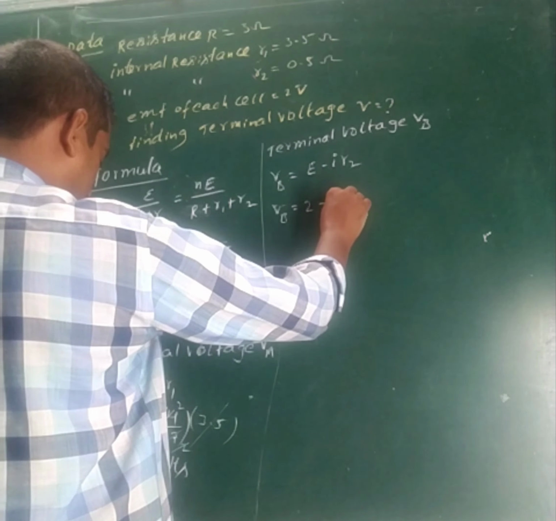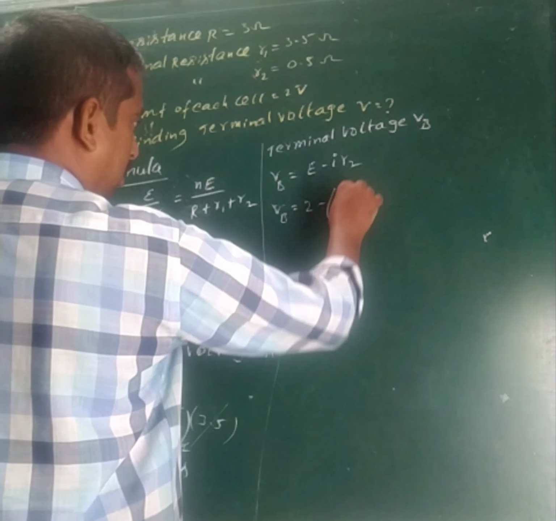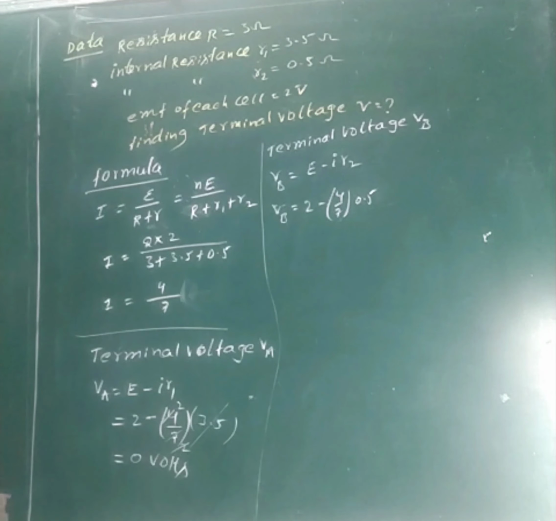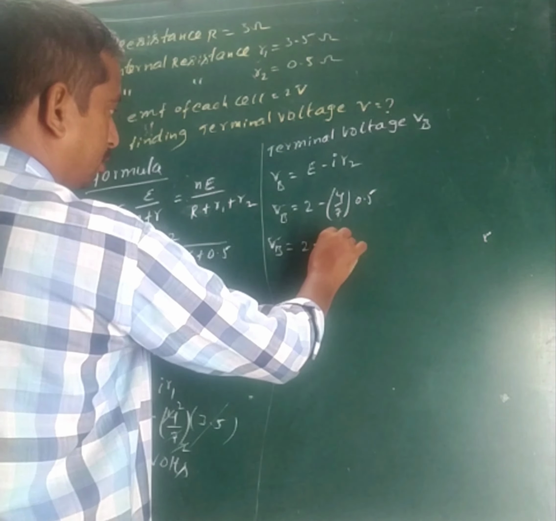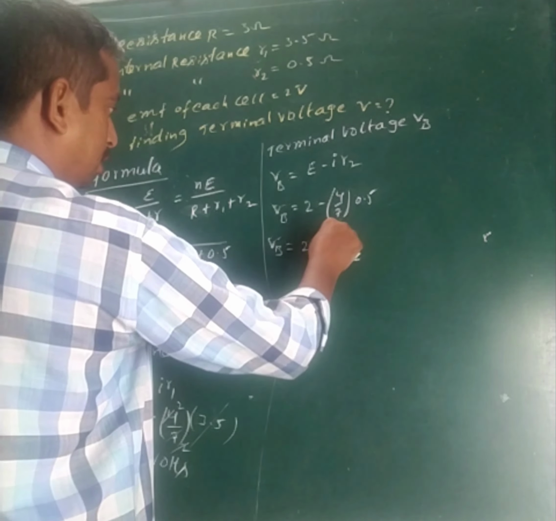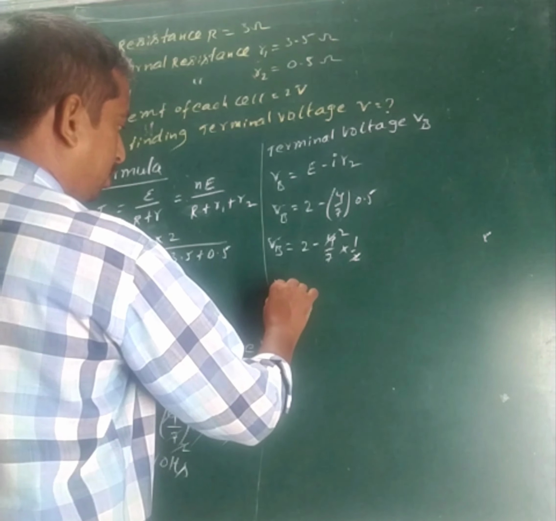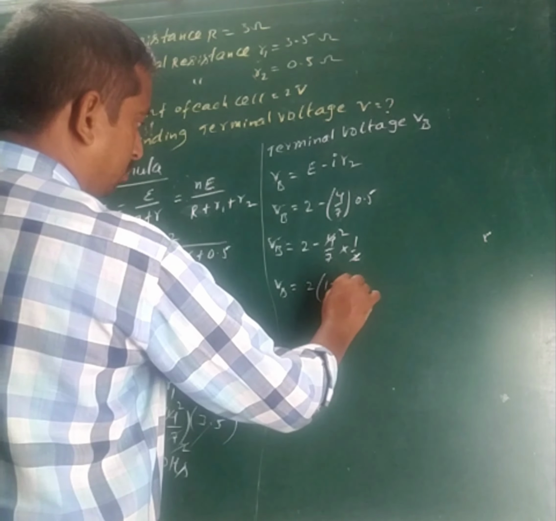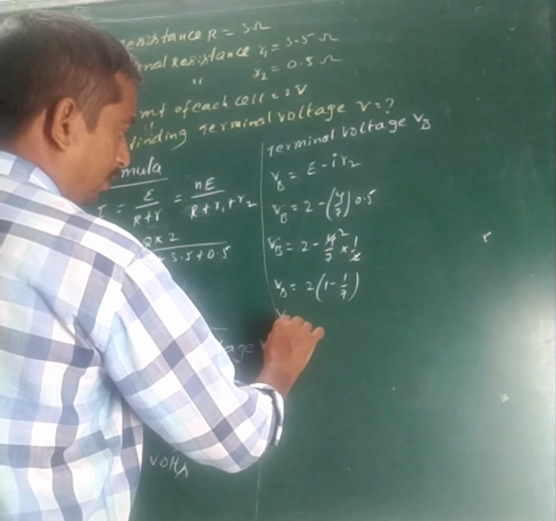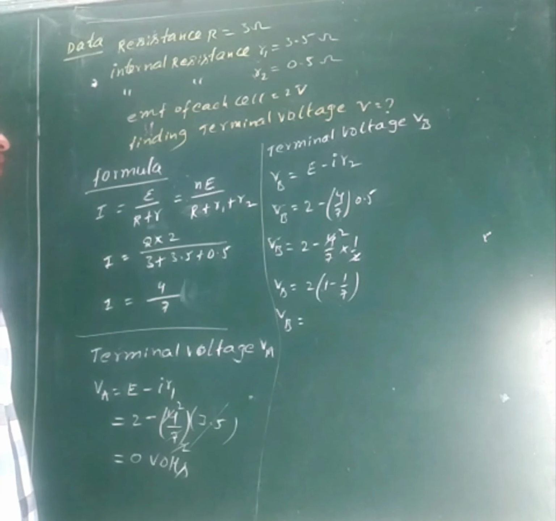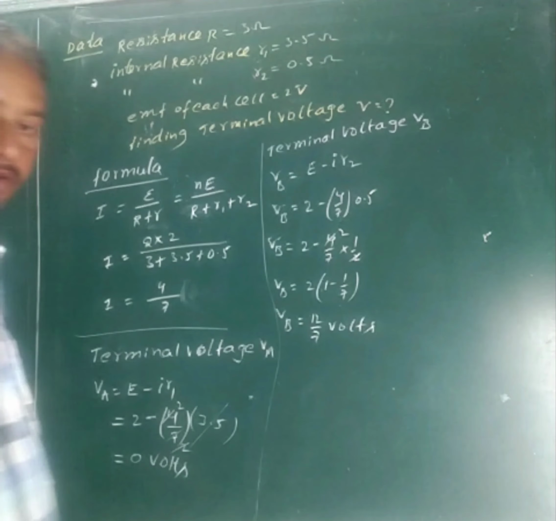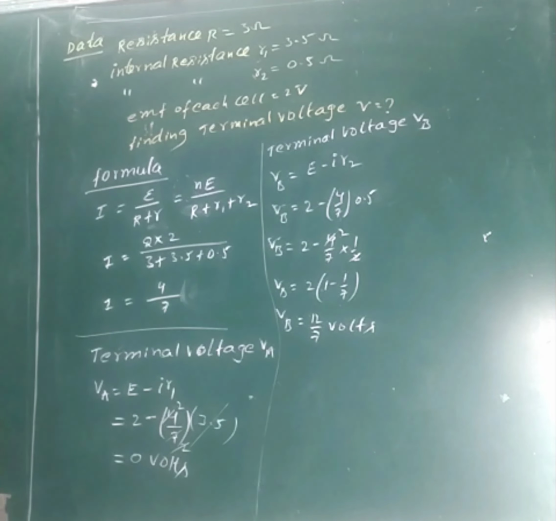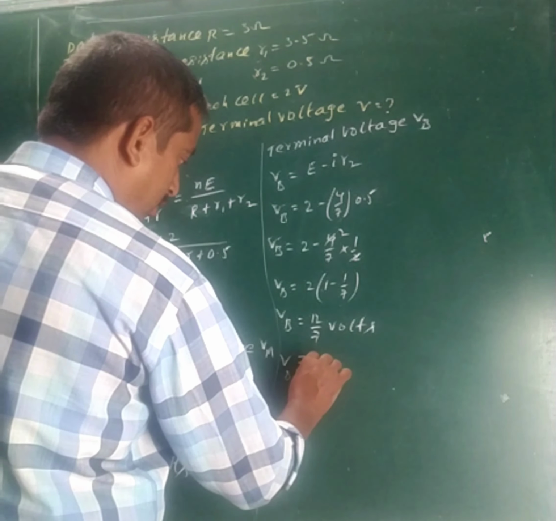So VB equals 2 minus 4 by 7 into internal resistance 0.5, that is 2 minus 4 by 7 into 1 by 2. 2 twos are 4. We can take 2 common: 1 minus 1 by 7. By solving this, VB is equal to 2 times 6 by 7, that is 12 by 7. It is equal to 1.7 volts.